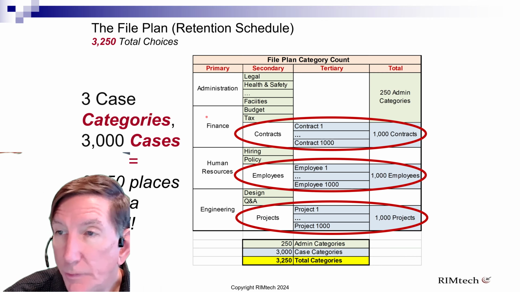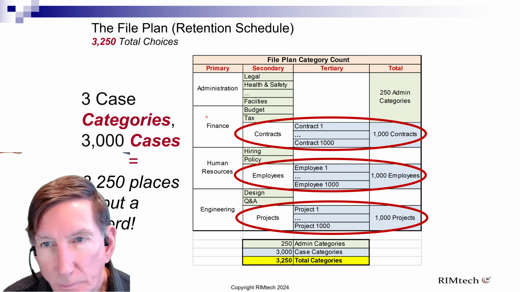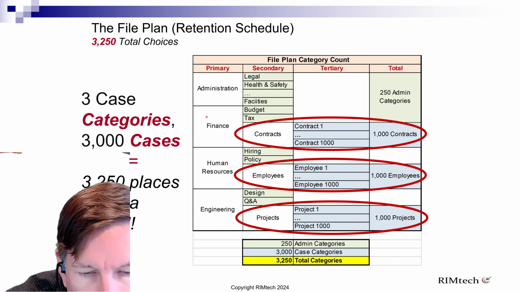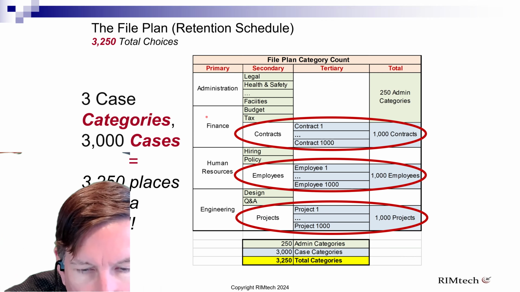They go in one of these 3,000 different places because they're either about a contract, an employee, or a project. So there are 3,000 places for them to land in SharePoint. Now, the remainder, that would be 4,800. 4,800 records are being sprayed at SharePoint. Where are they going to go? They're going to go in one of these 250 different places.